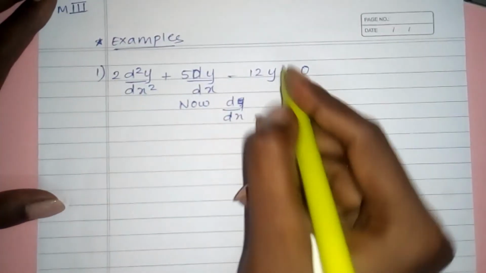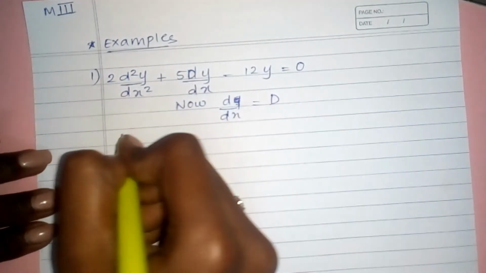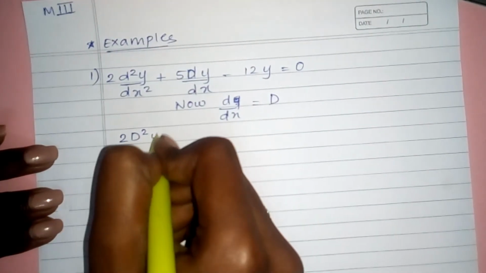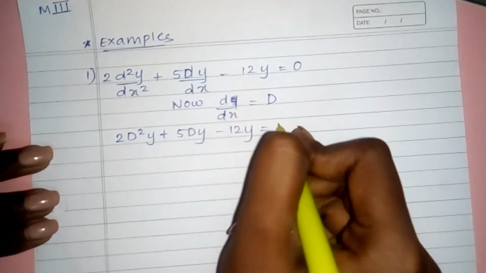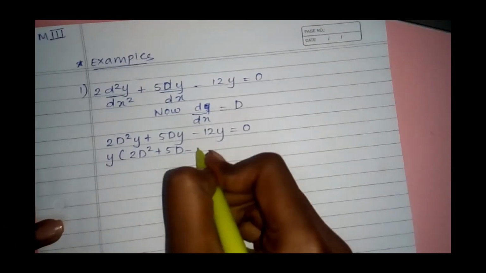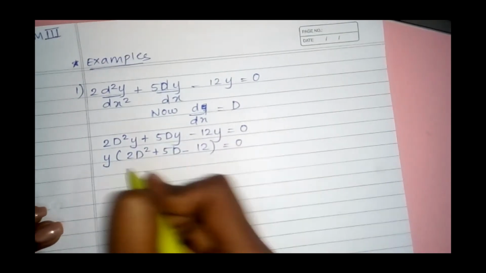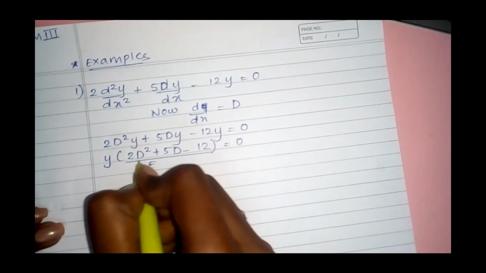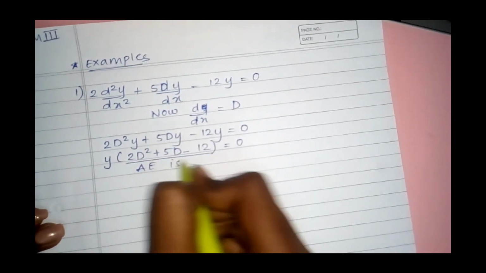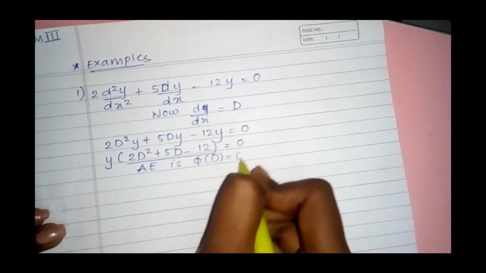Now d by dx is equal to D. The equation is 2D square y plus 5Dy minus 12y is equal to 0. Now here we use AE, that is phi of D is equal to 0.